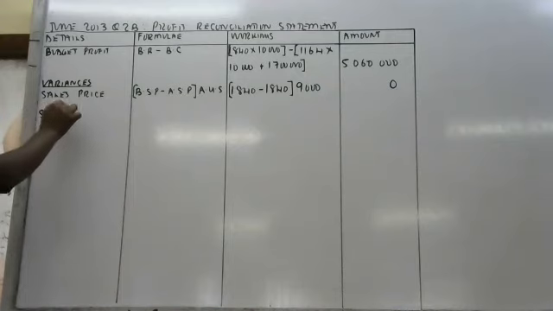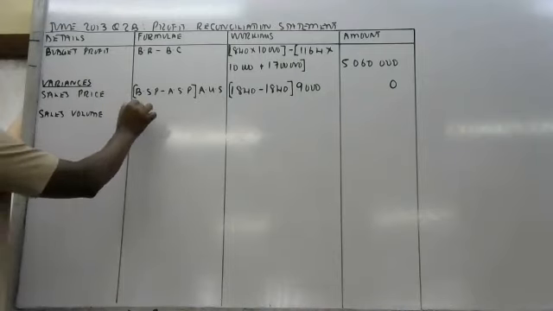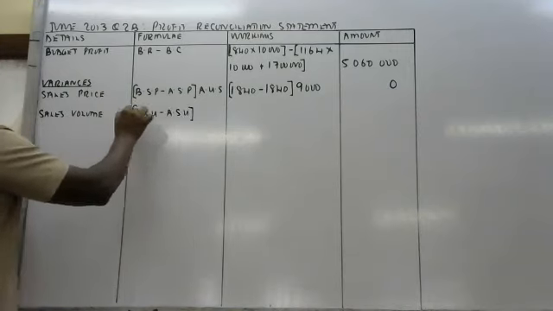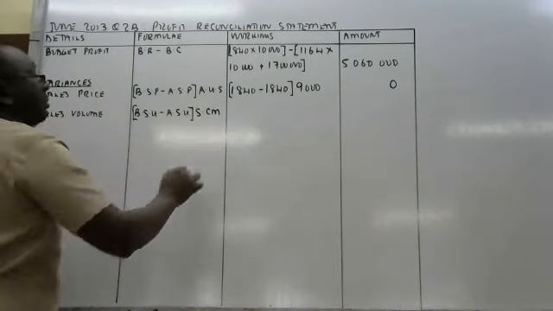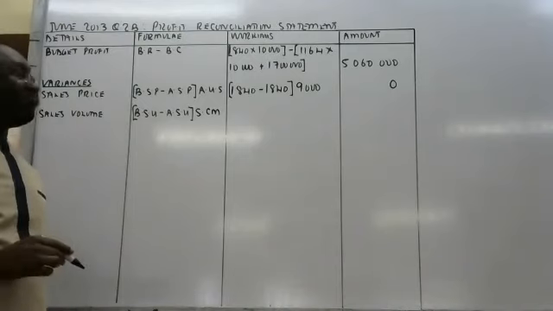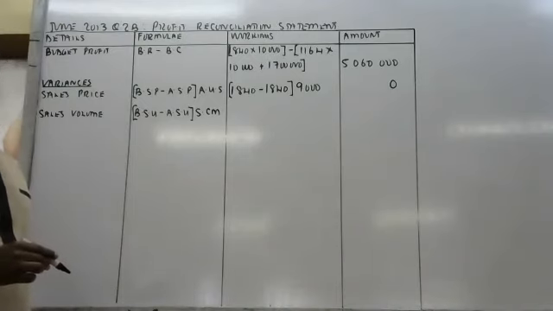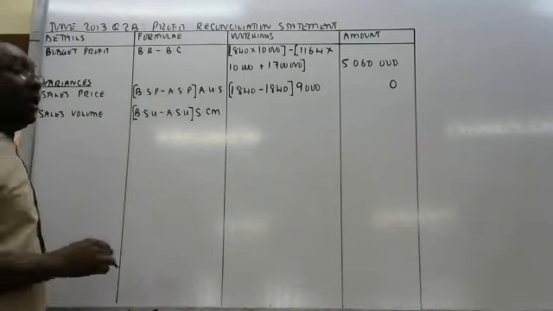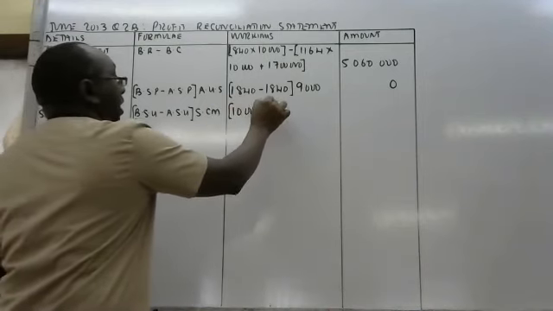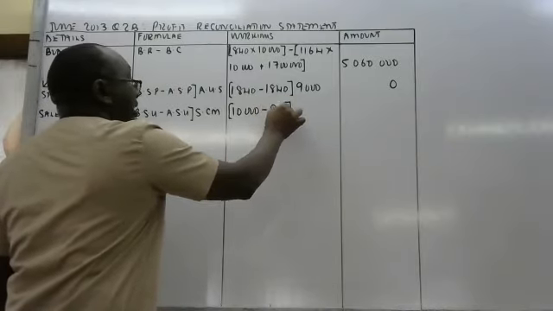The next one is sales volume. Sales volume is budget sales units minus actual sales units, multiplied by standard contribution margin. According to our budget, we wanted to sell 10,000, but we ended up selling 9,000.